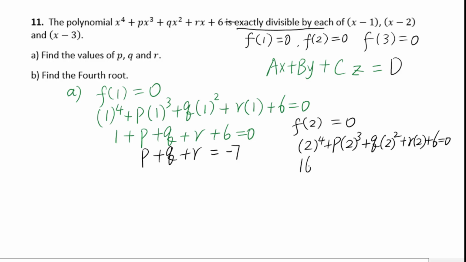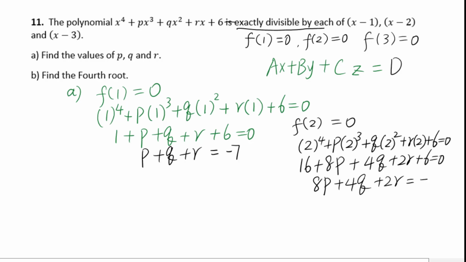Simplify: 16 plus 8p plus 4q plus 2r plus 6 equals 0. 8p plus 4q plus 2r equals negative 22. This is the second equation. This is the first equation.